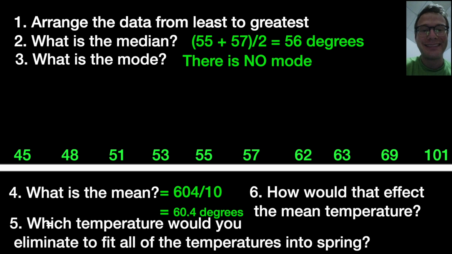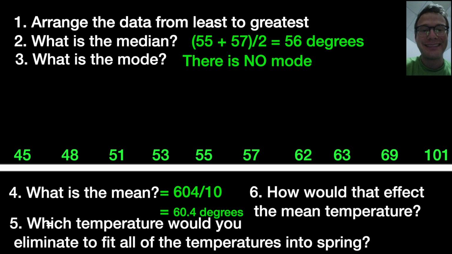Last one. Which temperature would you eliminate to make all the temperatures fit into spring? Well, spring is usually not very hot, okay? It's cooler weather because it is coming after winter and it's before summer. So it's in the middle there.